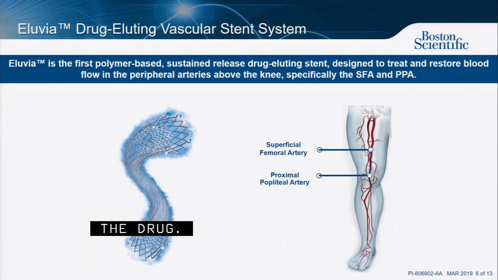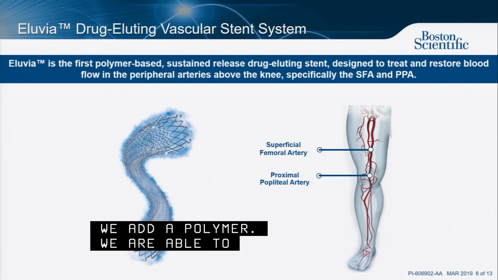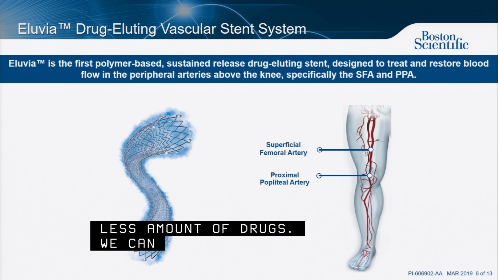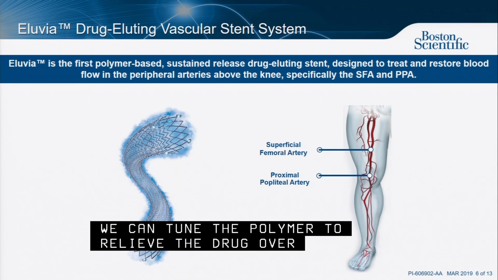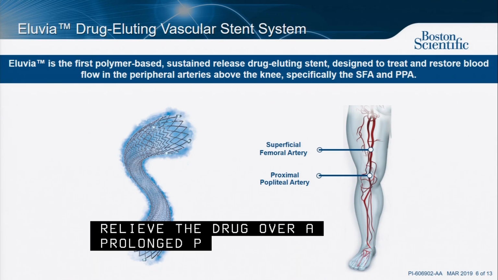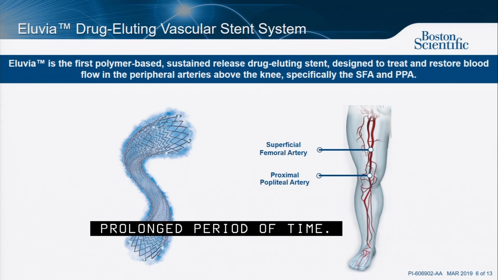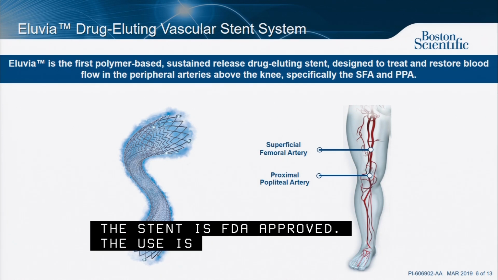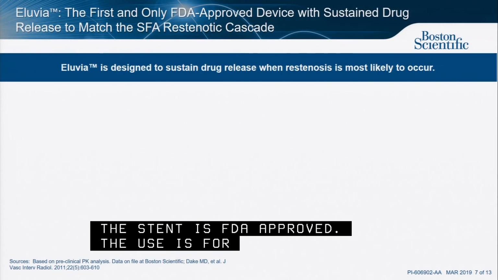We're able to use significantly less amount of drug, and we can tune the polymer to release the drug over a prolonged period of time that hopefully matches that restenosis cascade that occurs during months. The Eluvia stent is FDA approved, and the use is for above-the-knee arteries in the superficial femoral artery and proximal popliteal artery.